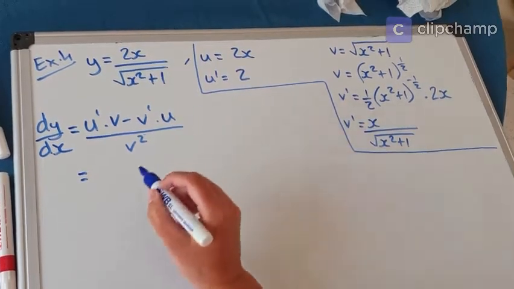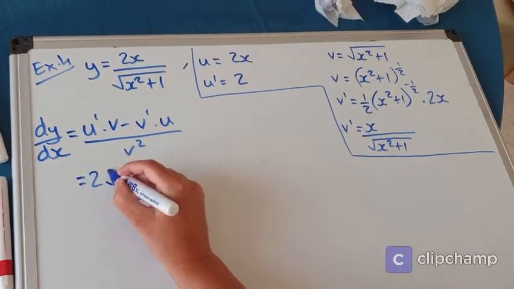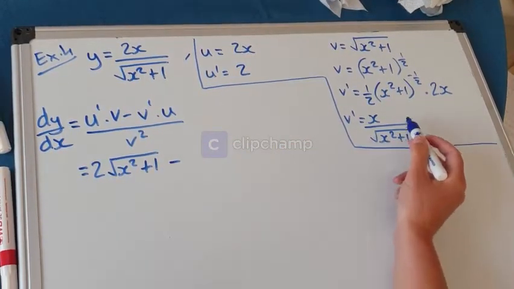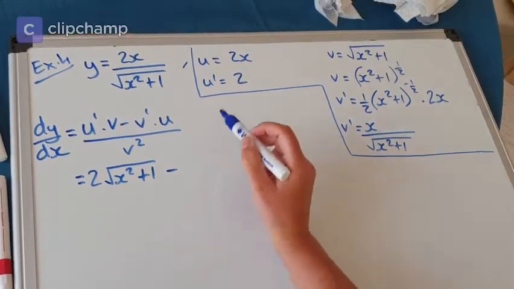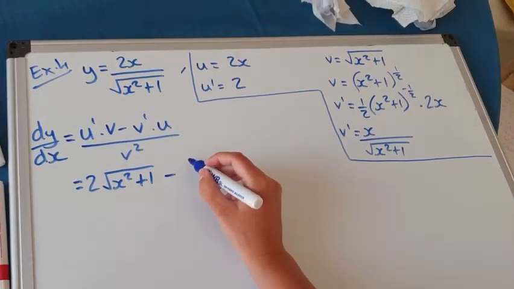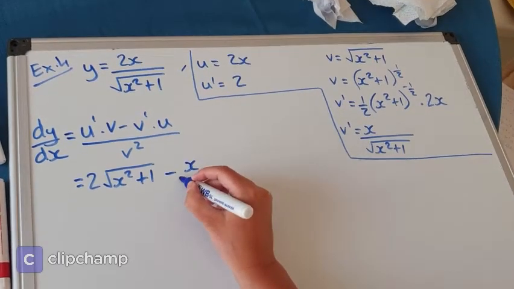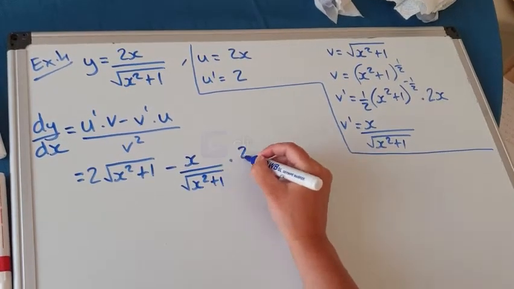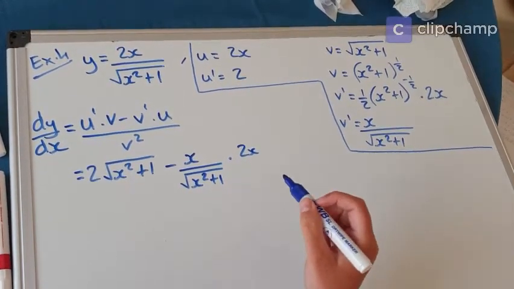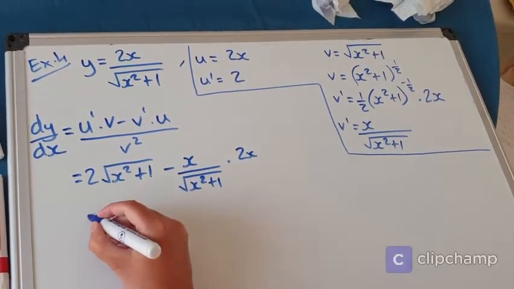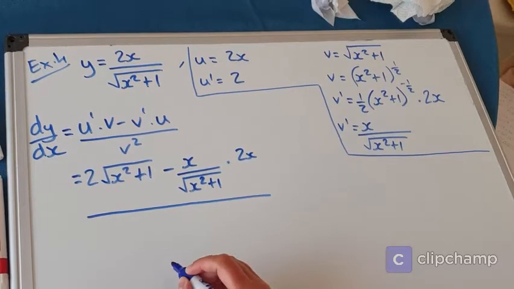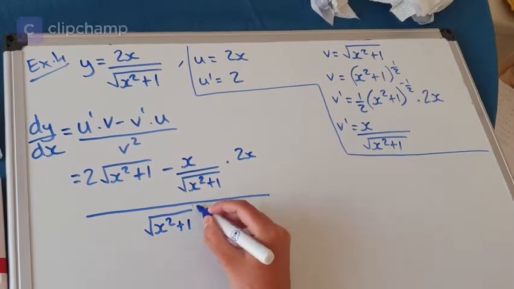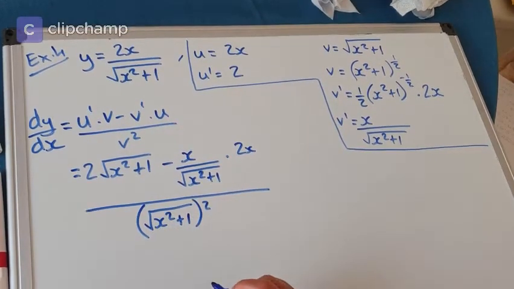So u dash is 2 times v, which is the root of x squared plus 1, take away v dash, which is this complicated looking fraction, times u, which is 2x. Again, this is the stage where I often forget to put it all over v squared. But if we just put that in here, divided by v squared, so it's the root of x squared plus 1 all squared.